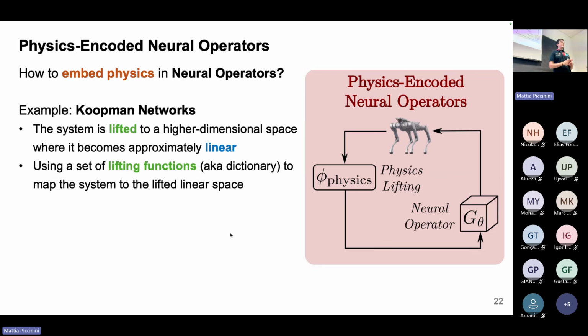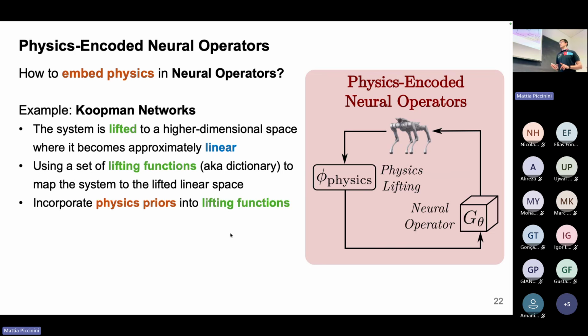And once you are in the linear space, the game is done, because we have a lot of control methods developed for linear systems. Also MPC with linear systems is very nice. So the tool is actually powerful, because it lets you transform your nonlinear system into a linear one.